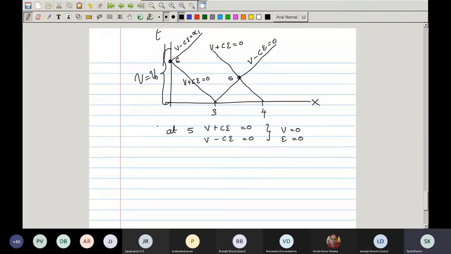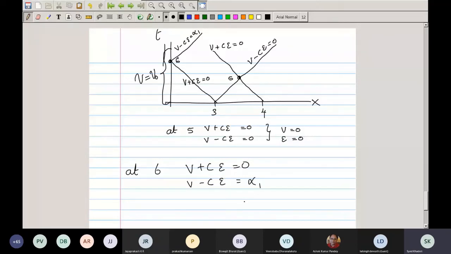At the point 6, my v plus c epsilon is 0 and my v minus c epsilon is my alpha 1. Now in this equation, what we know and what we don't know.